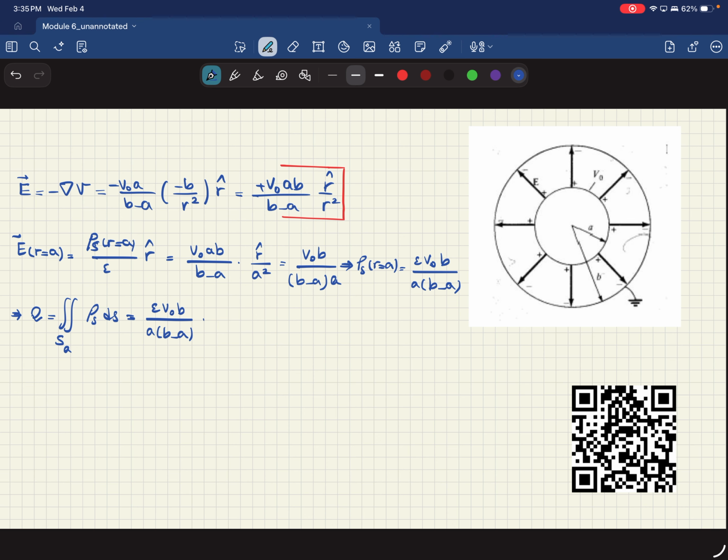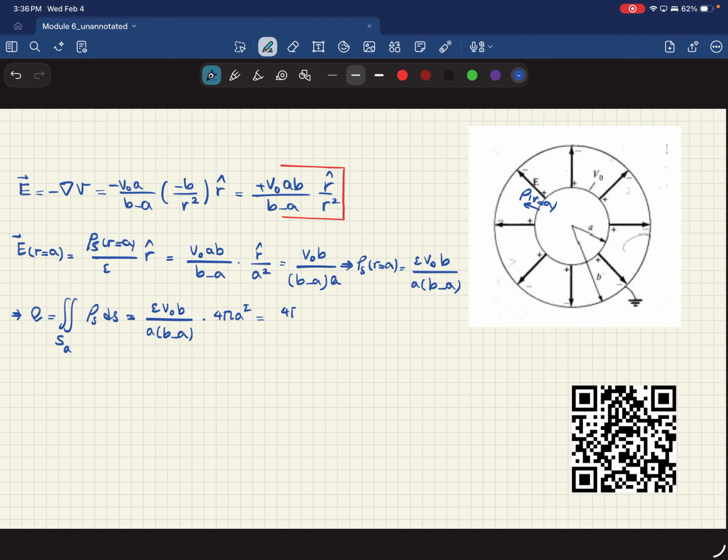You found rho S over the inner conductor, and now in order to find Q, you're integrating rho S ds on that inner conductor. So this is going to be 4 pi A squared, right? That's the area of a sphere, 4 pi A squared.